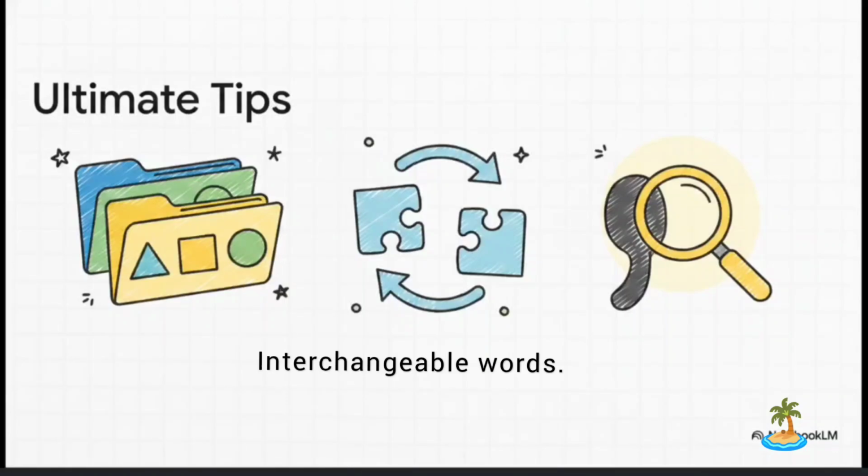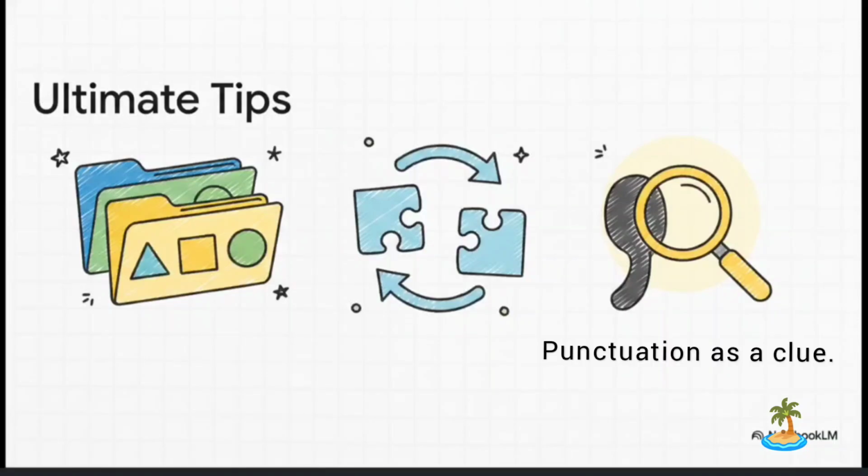You can often swap them seamlessly. And number 3, use punctuation as your ultimate clue. As we just went over, if there's no comma immediately after the blank, you might need a phrase ending in a preposition like in addition to rather than just in addition. Let the punctuation guide you straight to the correct grammatical fit.